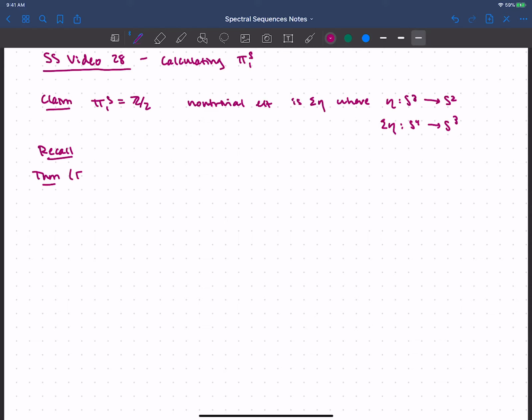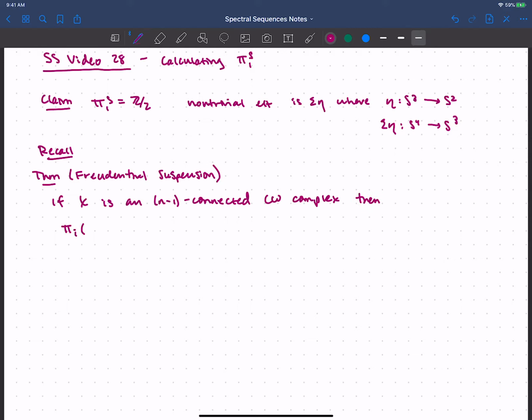of the Freudenthal suspension theorem, which I'm assuming that you know, and if not, you should go look in Hatcher. So this says that if X is an n-1 connected CW complex, then we can look at the suspension map on homotopy groups.